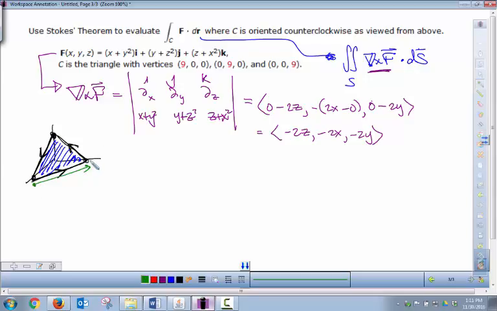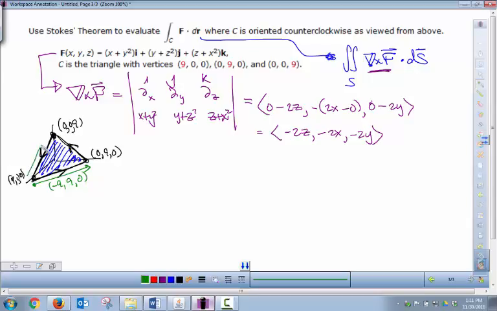It's head minus tail, so it's 0, 9, 0 minus 9, 0, 0. So one of the vectors is going to be negative 9, 9, 0. Right?